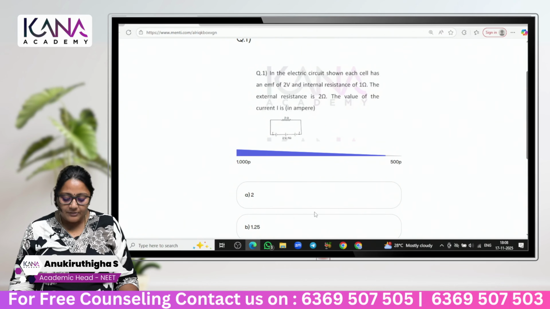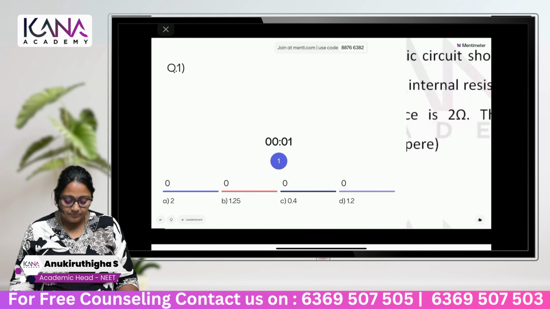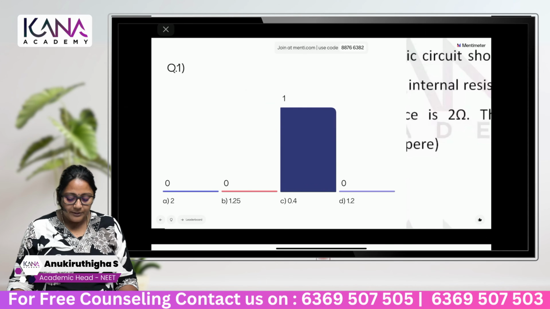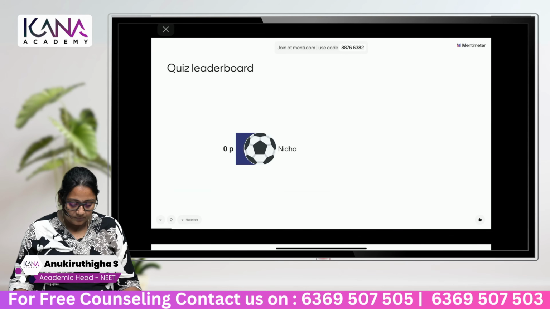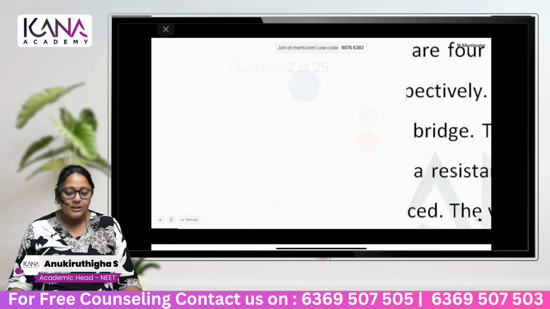So you're left with 5 seconds. 5, 4, 3, 2, and 1. Very good. So the right answer is D, 1.2. We'll see. Okay. Ida Fatima, இன்னும் careful-ஆ கொஞ்சம் calculate பண்ணுங்க.